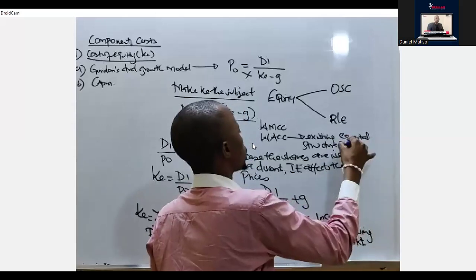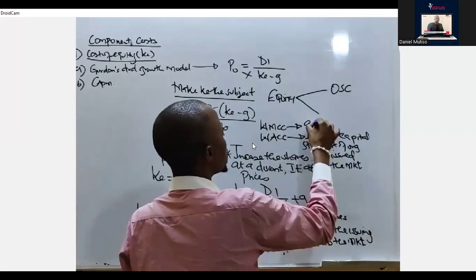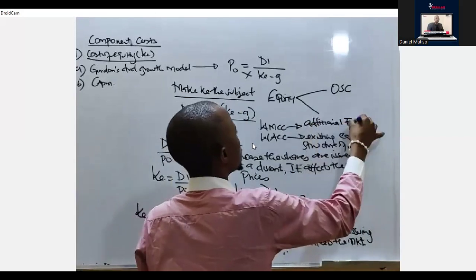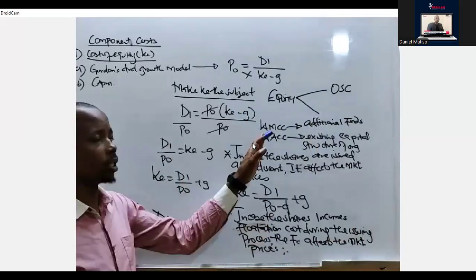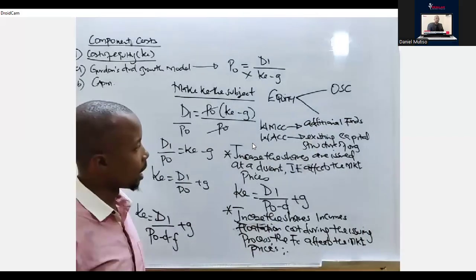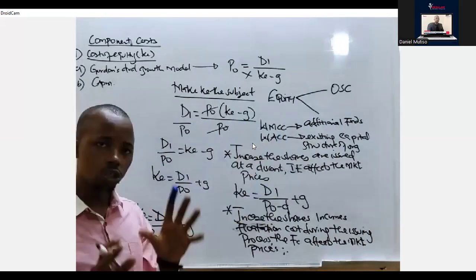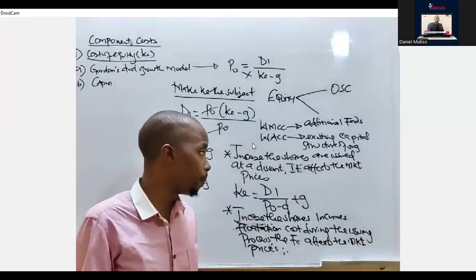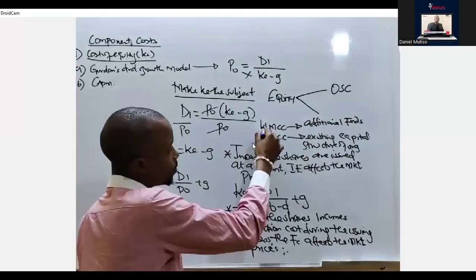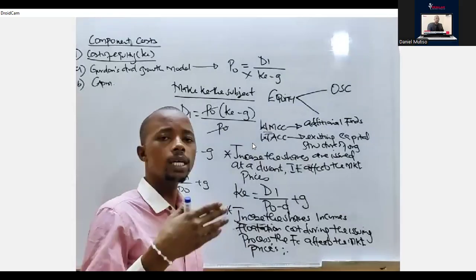This one, we normally want to look at the additional funds when we are dealing with the WMCC, but we don't want to change the capital structure of the organization. We are looking for the additional funds, whether we want to do research and development, whether we want to do new products and so on. So that is why the WMCC is looking for the additional funds, whether you want to carry out new projects and so on.